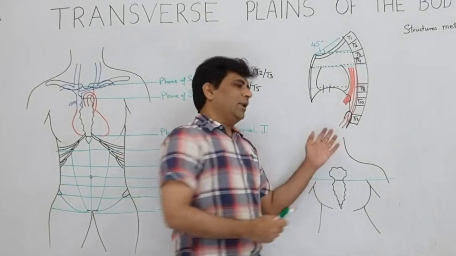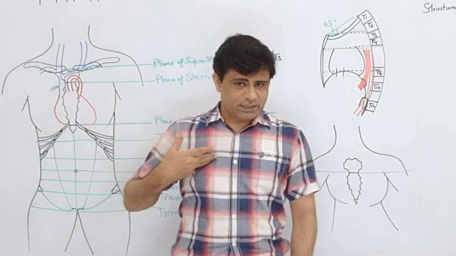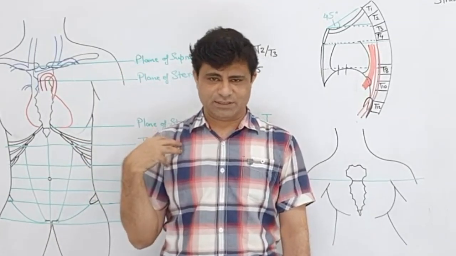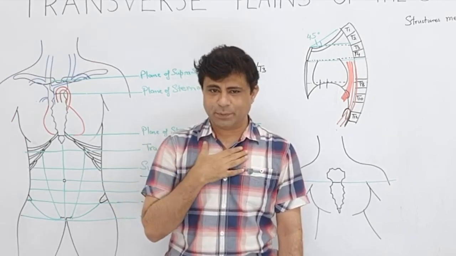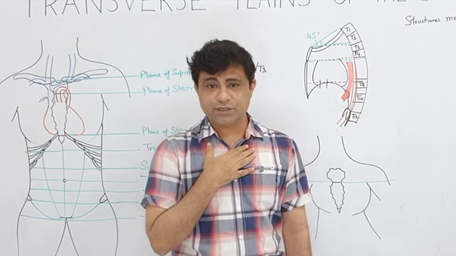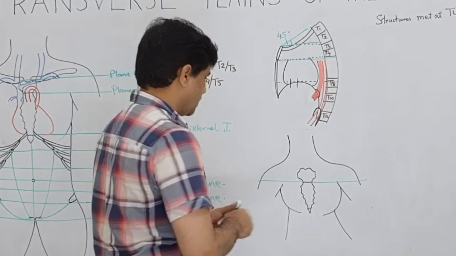So, a very important thing about the cutaneous innervation of the chest. Above this, the skin of the chest, including the shoulders, above the sternal angle, is innervated by C3, C4, and that is through the supraclavicular nerves.